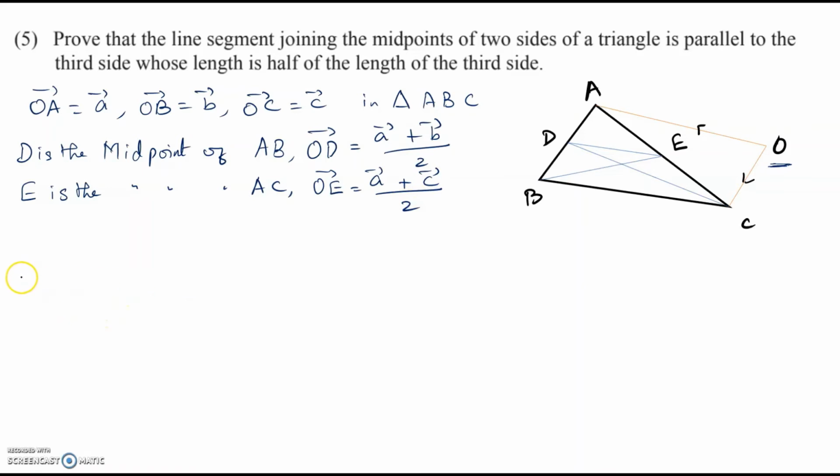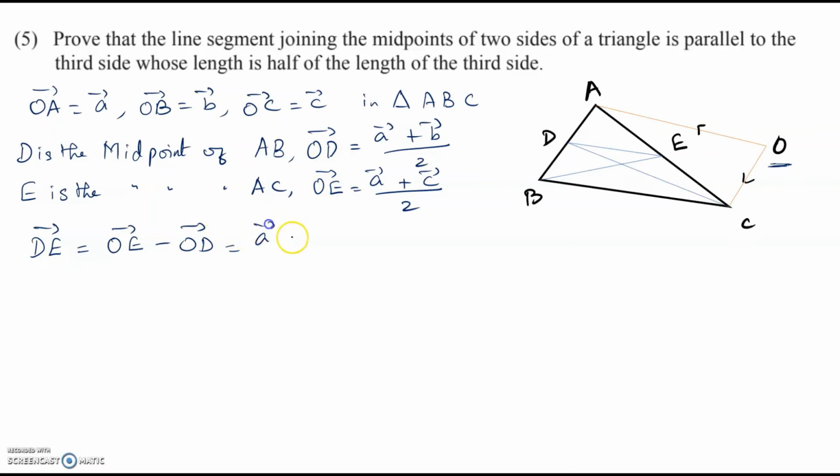Now we can write DE, because we need to prove that DE is parallel to BC. DE can be written as OE vector minus OD vector. Let's substitute the values of OD and OE here.